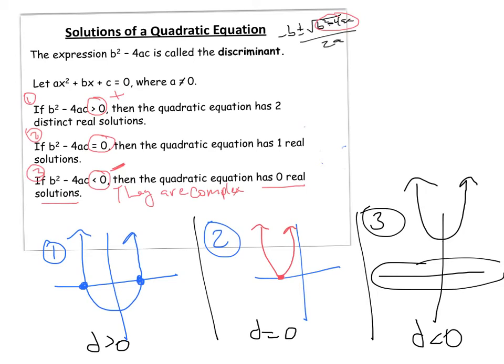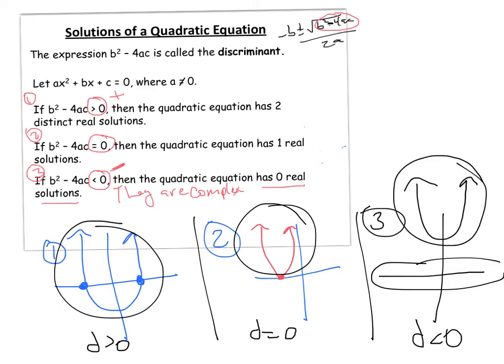So you can actually graph these guys in your calculator and you can determine what the discriminant value is. Well, if I get a picture like the first one, I know that the discriminant is positive. If I get a picture like the second, I know that the discriminant is 0. And if I get a picture like the third, I know that the discriminant is going to be negative, and my solutions are actually going to be complex. In 1 and 2, they're both going to be real solutions.